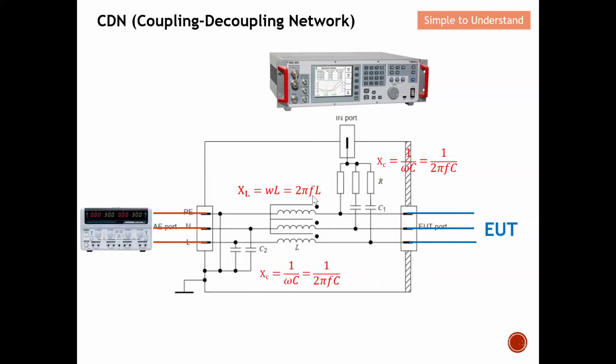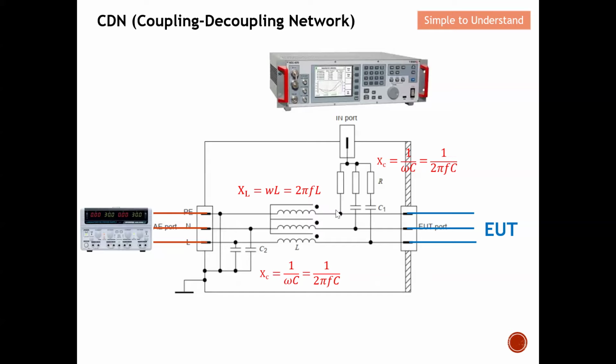From this equation, you can see that this impedance will be like a short circuit, because a small number multiplied by a small number becomes very small. This is close to 0 ohm, which is a short circuit. So this impedance will be very small, and hence the current will continue to propagate towards the EUT.